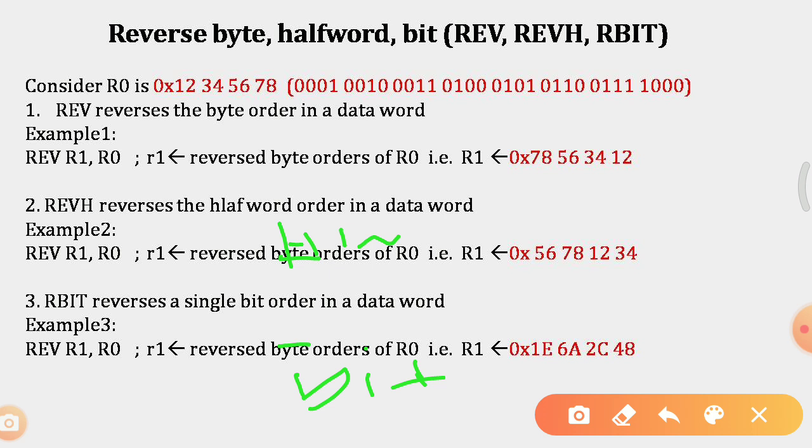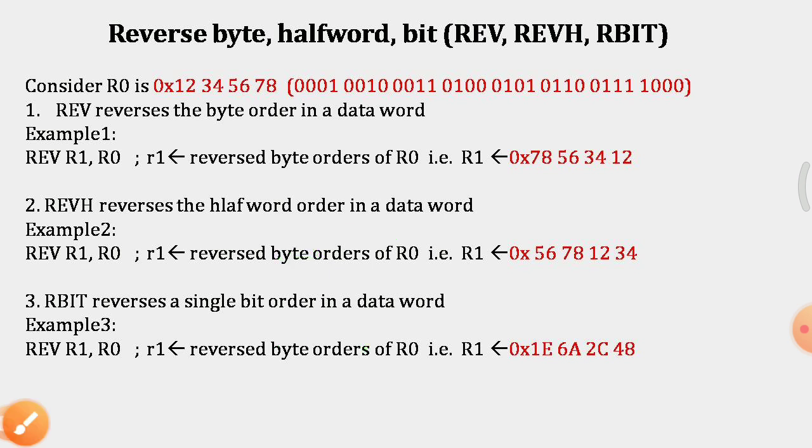The third one is RBIT instruction, reverse bitwise. That is, it reverses a single bit order in a data word. That is RBIT R1, R0. So here R1 reversed bit orders of R0. So the value of R1 will be updated as 0x1E6A2C48.